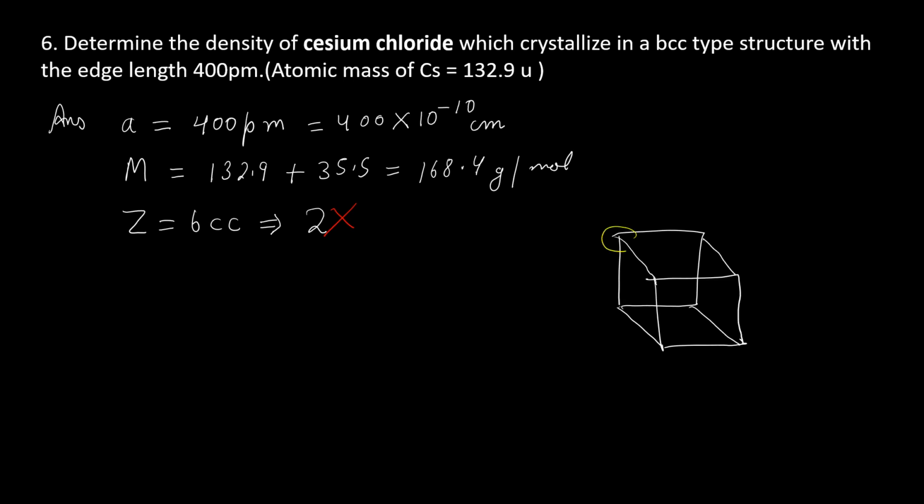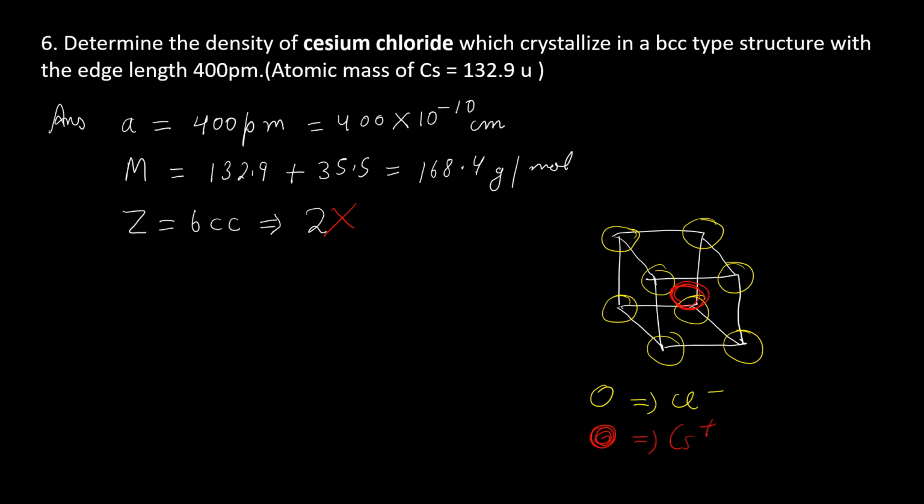Say these yellow atoms which are present at the corner are chloride, so this yellow atom represents the chloride ion. Now one atom is present inside the cube, this red atom, and say this red atom is cesium, right?